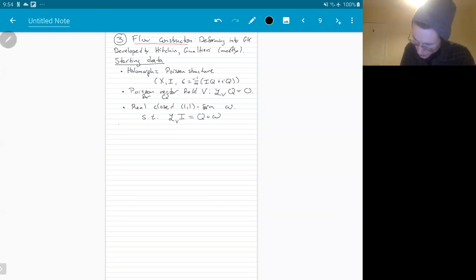And then here's the construction. Well, we take the flow phi sub t of V, and then we define an averaged 2 form, F sub t, so it's time dependent.